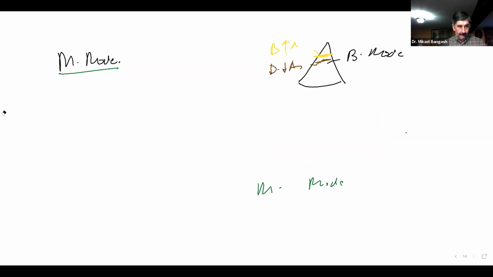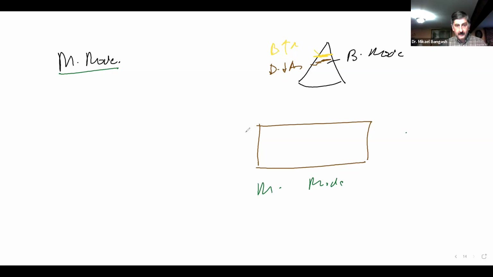This is where we have our M mode. Let's just get off with the two axes.